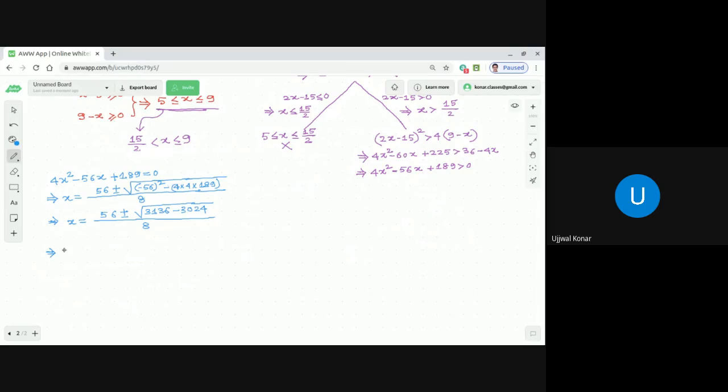There is a reason why I'm doing all these things, because when we solve a problem, you need to solve like this with complete patience, and also you need to be fast. So 3136 minus 3024 is coming 112. So x equals 56 plus minus square root of 112 divided by 8. Correct, no, dear students? So from here, we can further simplify.